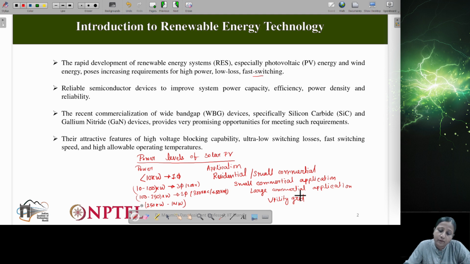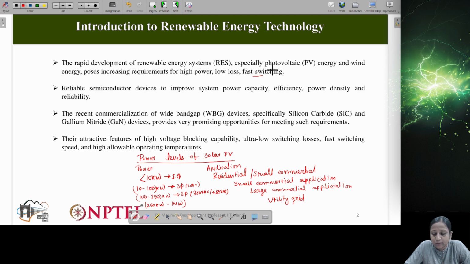As we go to high power levels, the fast switching limitation will come with silicon devices, right? And losses will also increase at high power levels. That is why it is important to look for semiconductor devices with properties like wide bandgap devices.